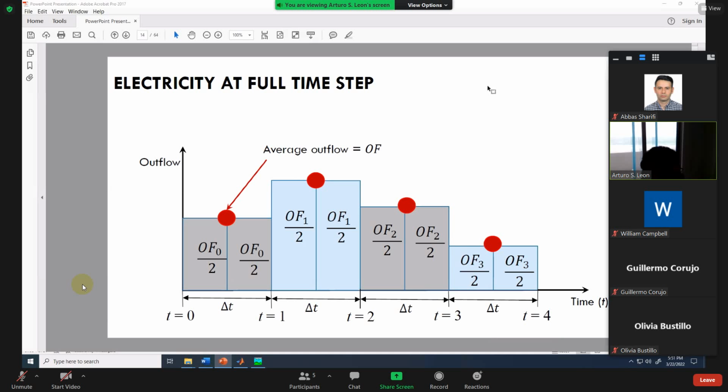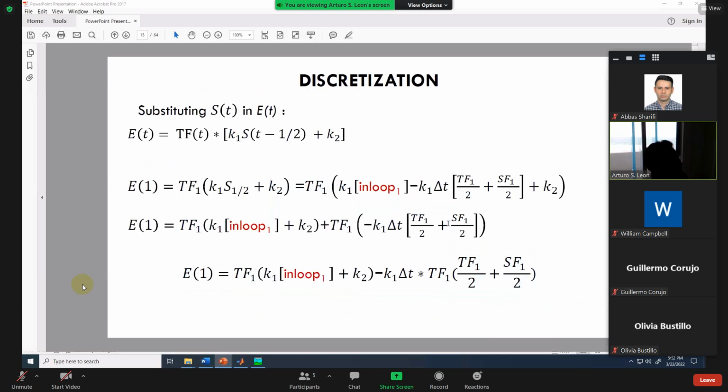Remember, the outflow is constant during the first hour, constant during the second hour, constant during the third hour. Because the outflow is constant, the electricity also has to be constant during that hour. So electricity is constant during the first hour, second hour, third hour, fourth hour. That's why I have this one.